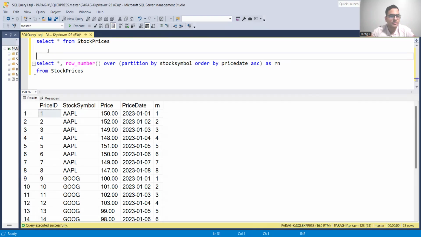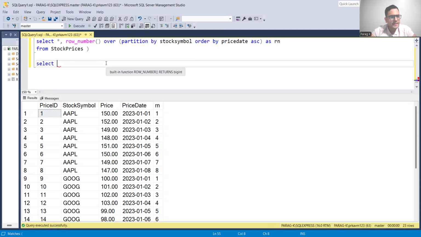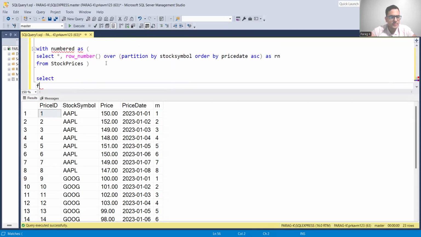So let me start off by explaining what my approach is. I'm going to do with numbered as, select, and let me do this one from numbered.